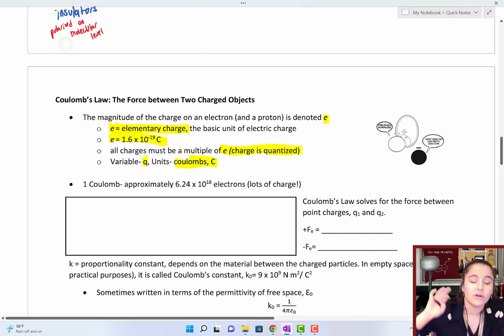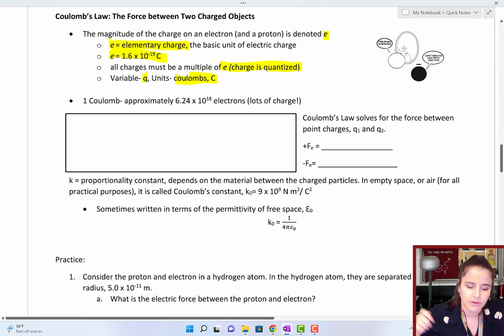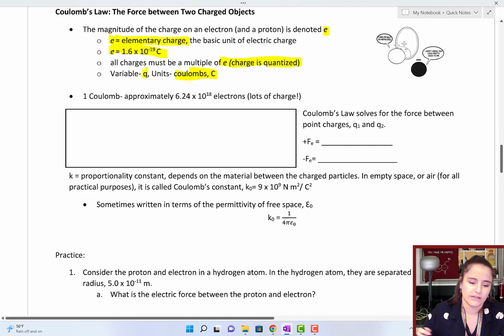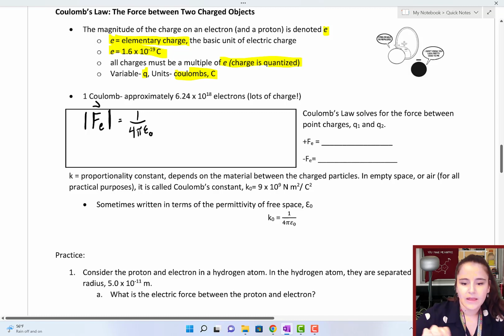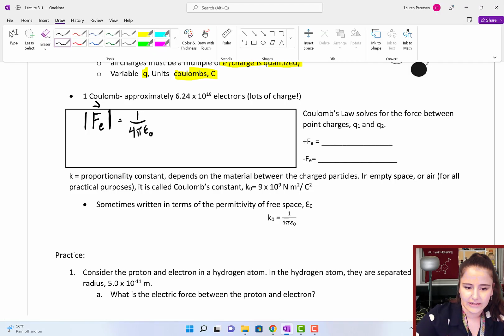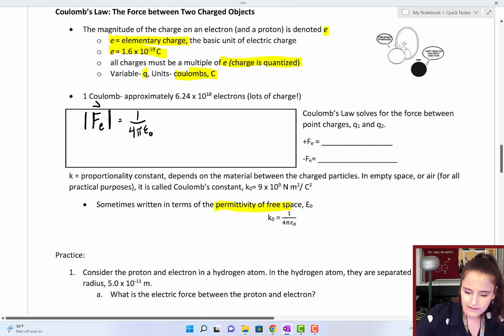Now, on your AP Physics 2 equation sheet, Coulomb's law is written like this, okay? The absolute value of the electric force vector equals 1 over 4 pi epsilon naught, okay? Now, epsilon naught is the permittivity of free space, and we often will not use that at all.